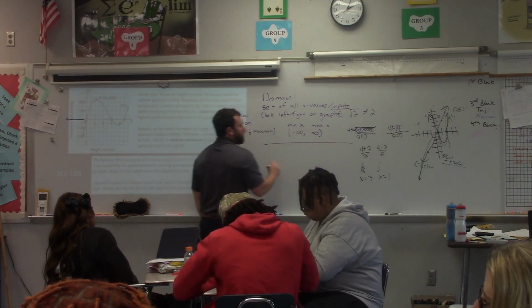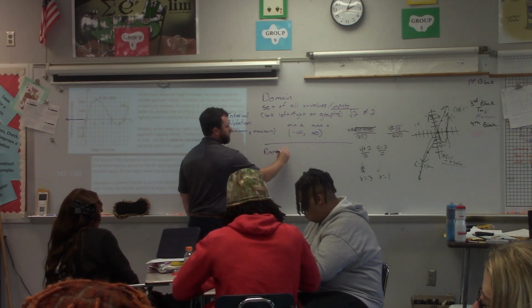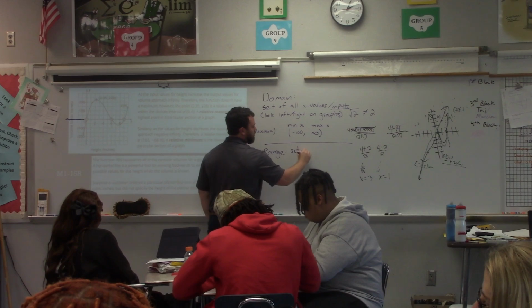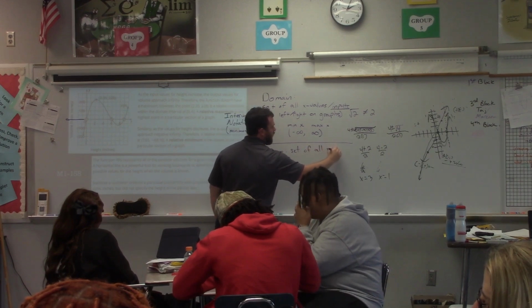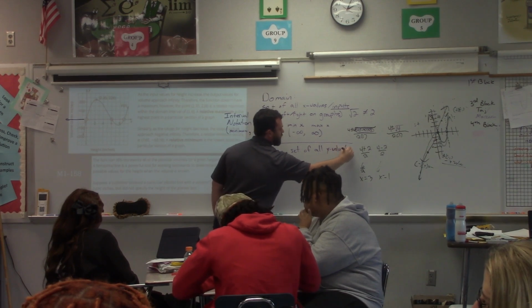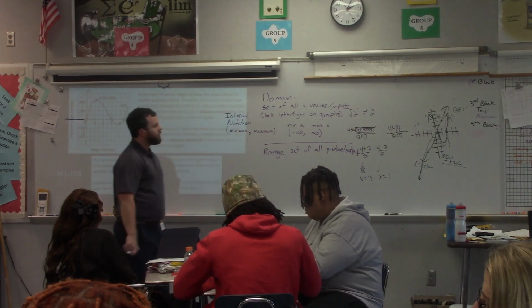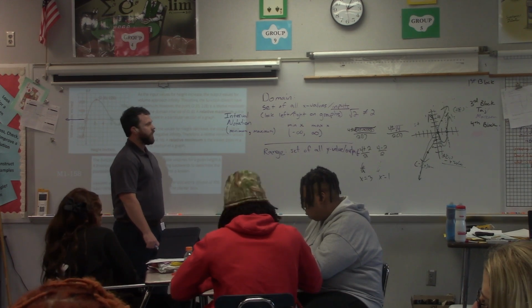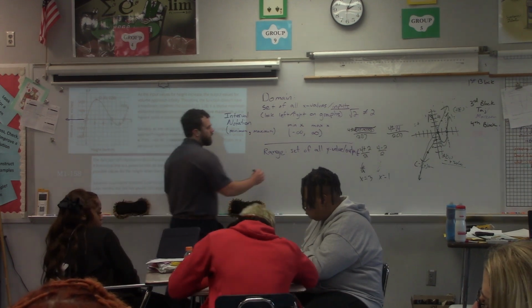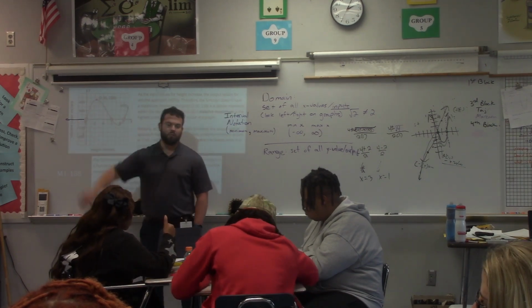We had domain, we also had range. That was the set of all y values, also called what? Outputs, okay? And what notation do we use for range as well? Minimum and maximum, right? So when I look at this graph right here, what is the minimum y value?